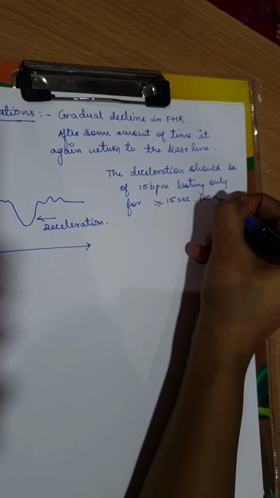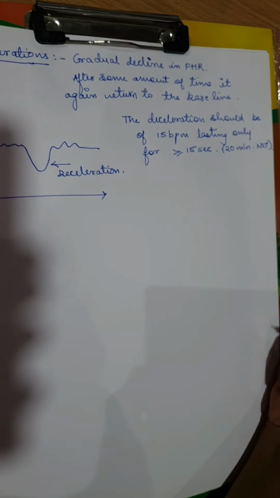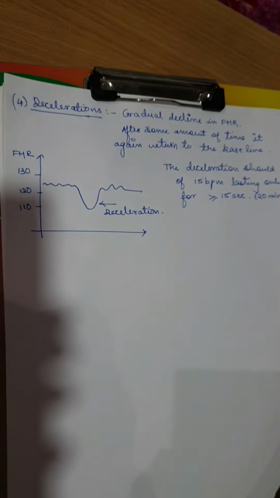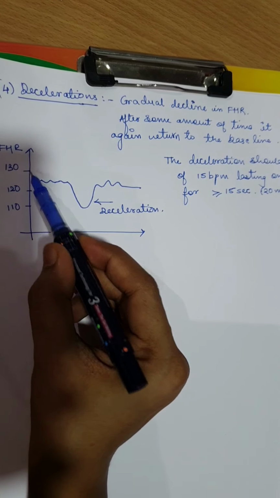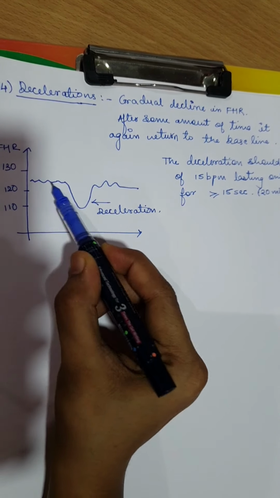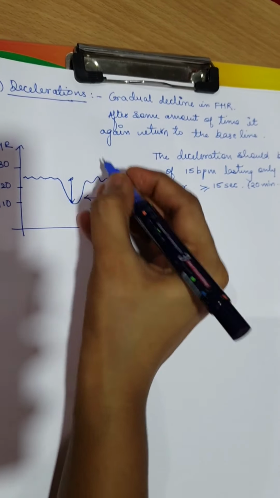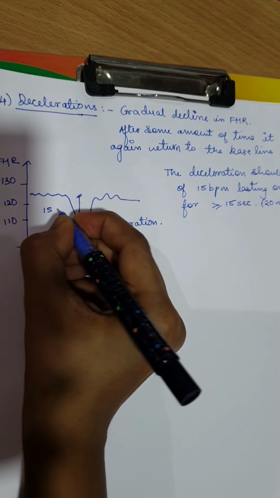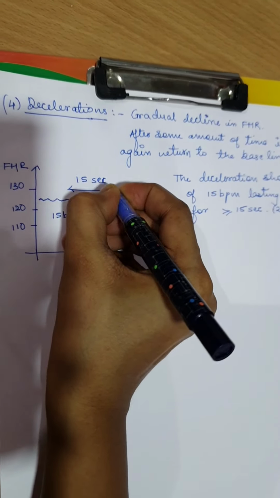Obviously in 20 minutes of NST, if we see this, then there might be some problem, or it just signifies a physiological response of the fetus. So if this is the baseline, between 120 and 130, say from 125 it has come down to 110. So the fall of the fetal heart rate should be 15 beats per minute, and it should last for greater than or equal to 15 seconds.